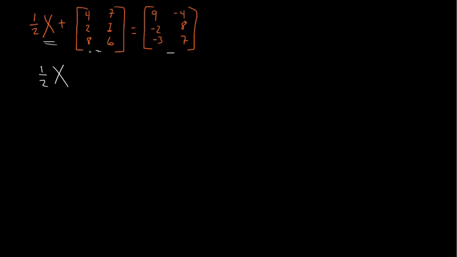We can turn this first matrix into another variable and say that it is plus y equals z. So this matrix is now denoted as capital Z, and this matrix is now denoted as y.